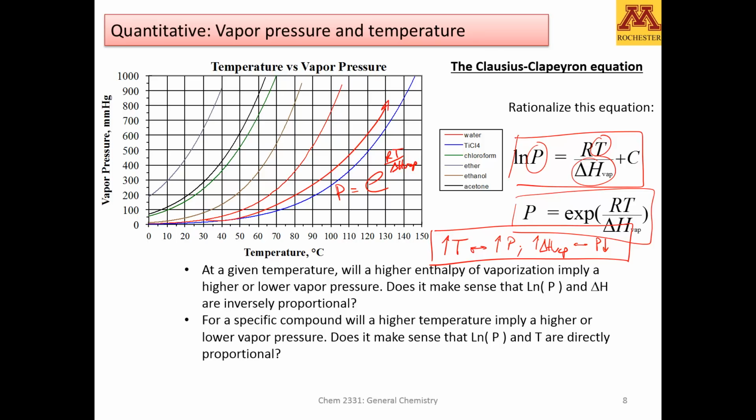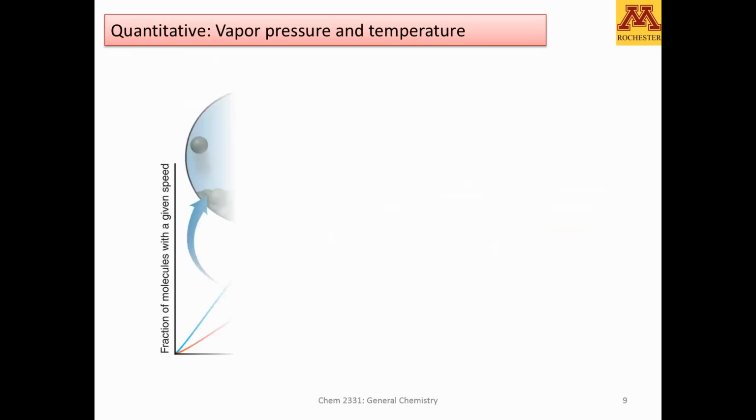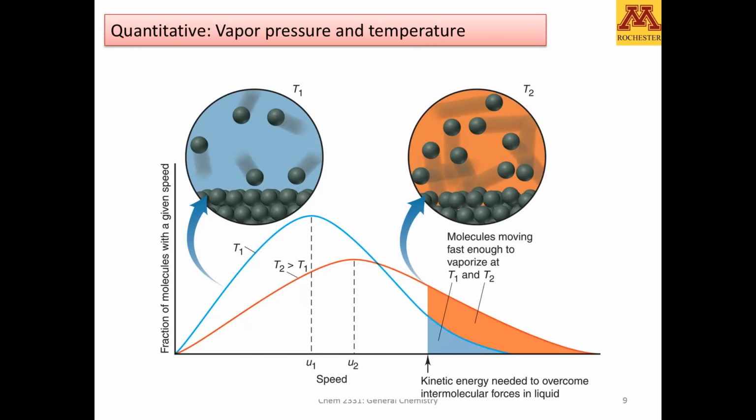All right. It's also useful to use the Clausius-Clapeyron equation at two temperatures. And to do that, we need to understand what's happening at two different temperatures. Well, we already said that as the temperature increases, the vapor pressure increases. And please do not try to apply PV equals nRT here. This is equilibrium between liquid and gas.